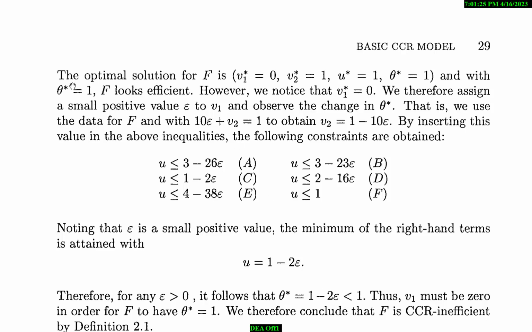We have the value of 1 for the optimal theta star only for the optimal solution where the first input weight is equal to 0.